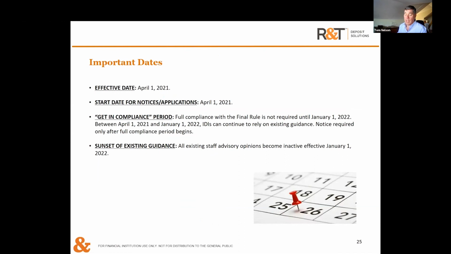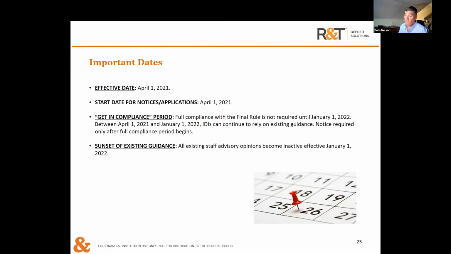There's a compliance period until January 1st of '22. What that means is that you can either use existing guidance on why you're doing what you're doing, or you can use the new rule. So you've got the best of both worlds between April 1st and January 1st.